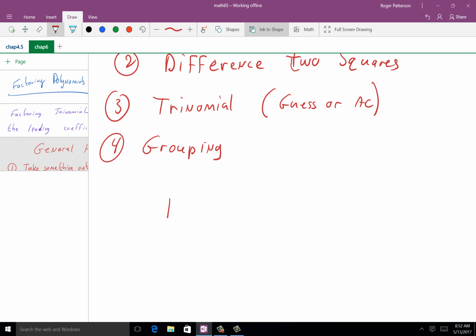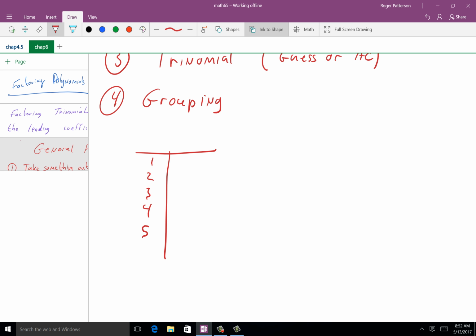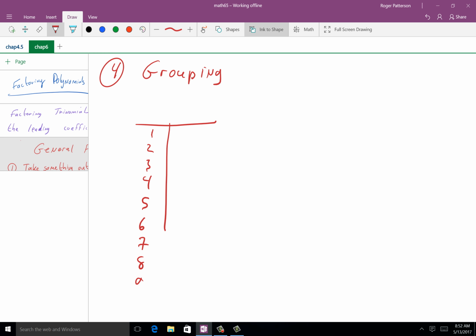So here's what is kind of important if you're not real good with squares: 1, 4, 9, 16, 25, 36, 49, 64, 81, and 100.